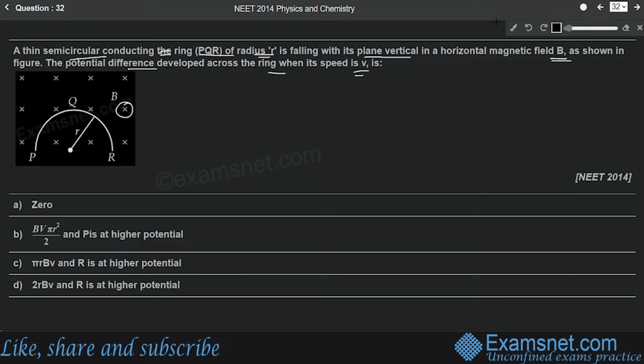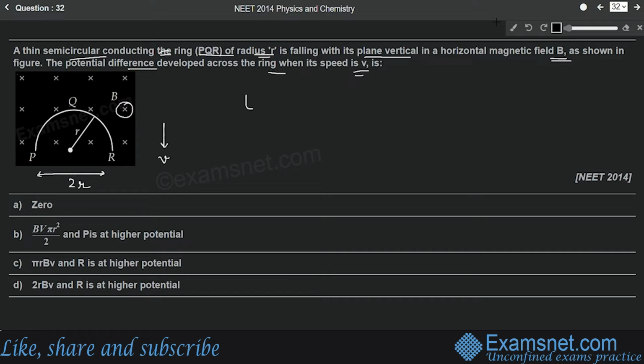Now the ring PQR is moving in a vertical direction. So suppose this is the direction in which this ring is moving with the velocity v. The effective length of this ring will be equal to PR, that means 2 times the radius, right? Now we have to find the potential difference that develops across the ring.